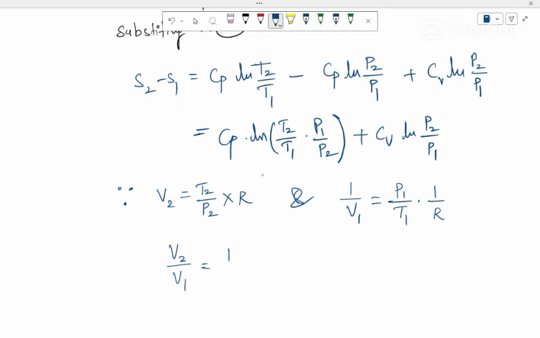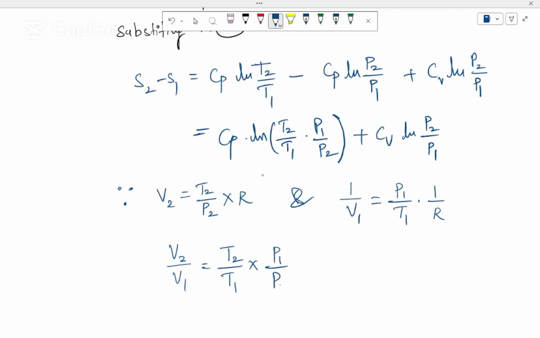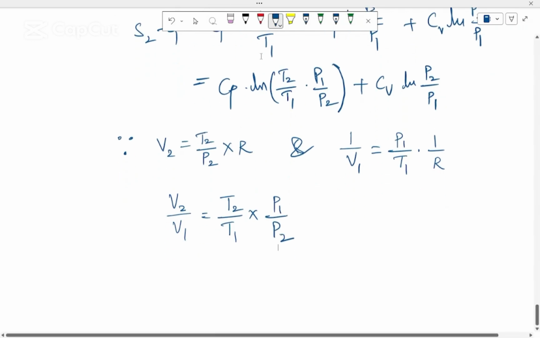What I will be left with is T2 by T1 into P1 by P2.